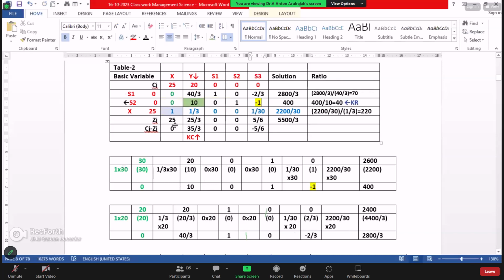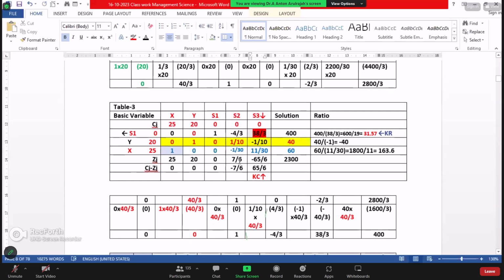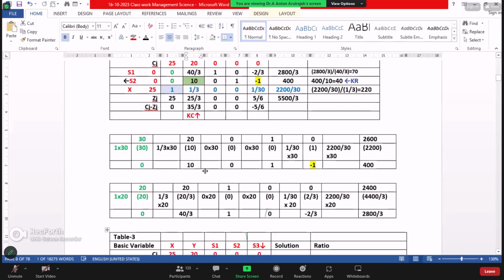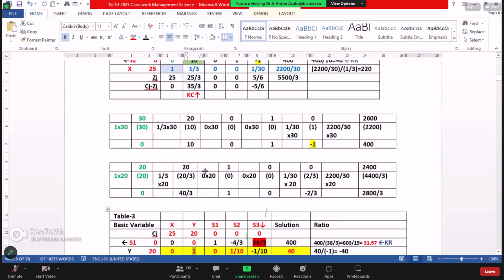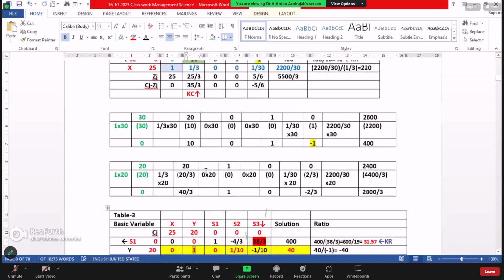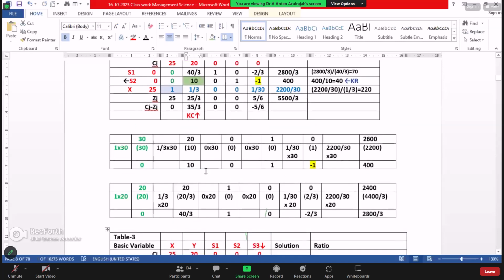Then P row, column 10. 10 should become 1 in the next table. So let's 1. It should be P minus 1. Yeah, it is correct.